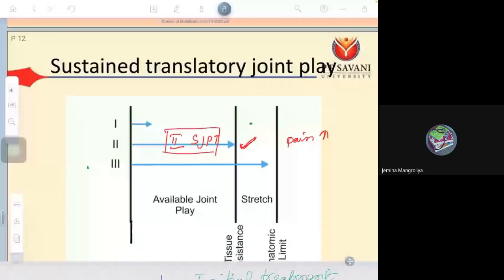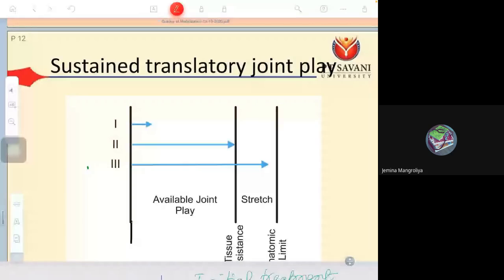So first the patient came, I had given grade 2 SJPT, grade 2 sustained, because this is the grade which will find the sensitivity of the joint.